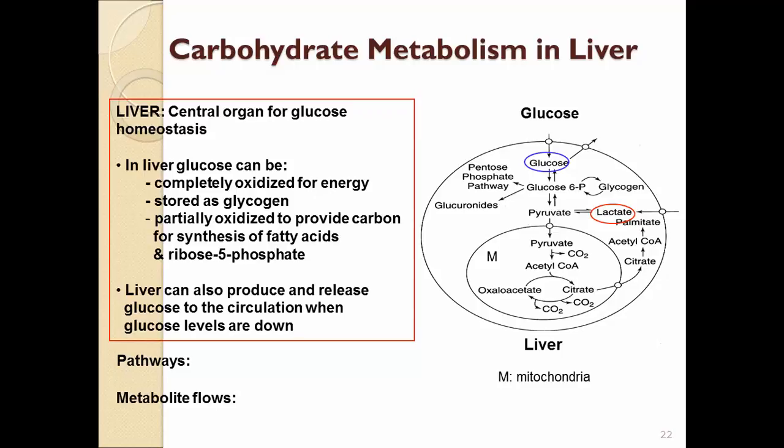For example, under the fed condition, we know glucose is taken up into the liver cells, and under the fasting conditions, glucose is released into the circulation. So the direction of the metabolic flow will also help you understand how the liver does glucose metabolism. And also under fasting condition, lactate is taken into the liver cells for gluconeogenesis, right?